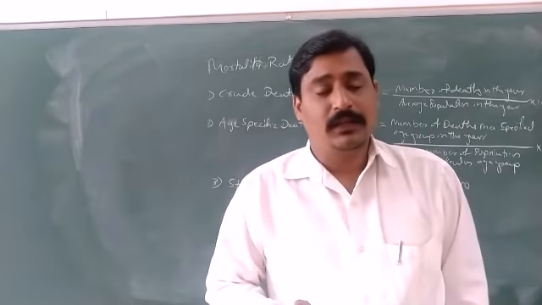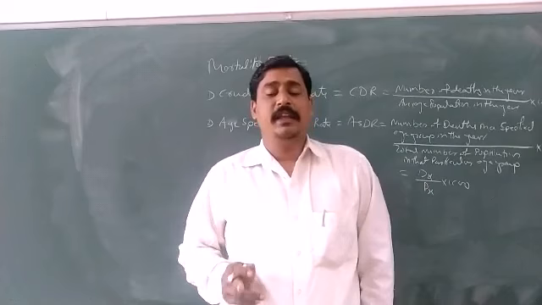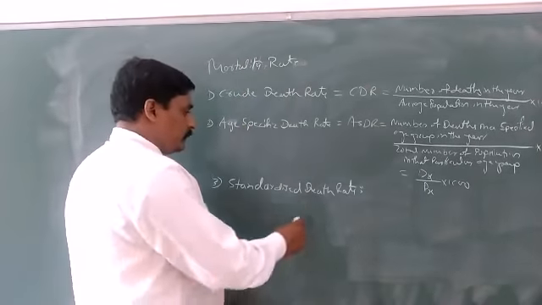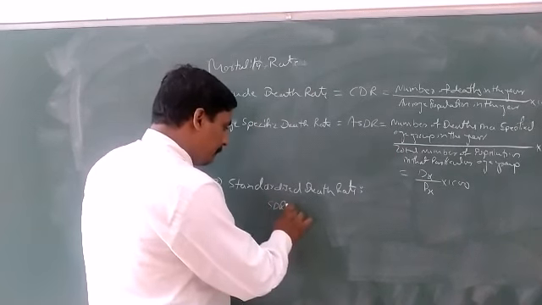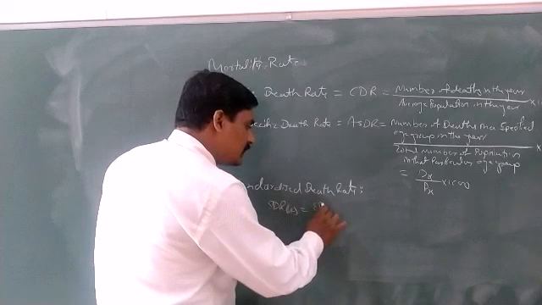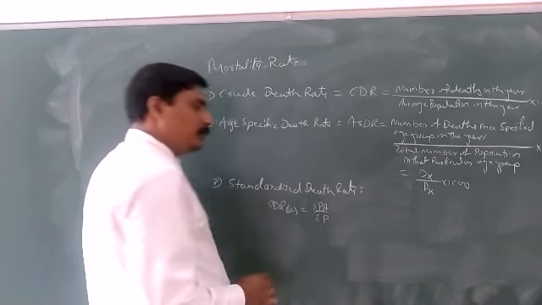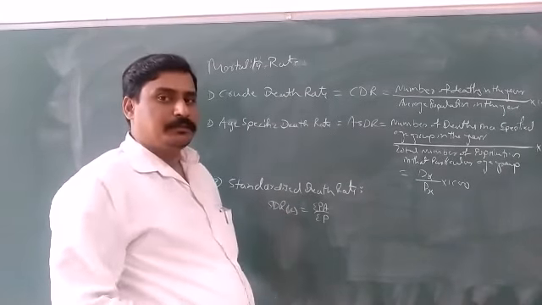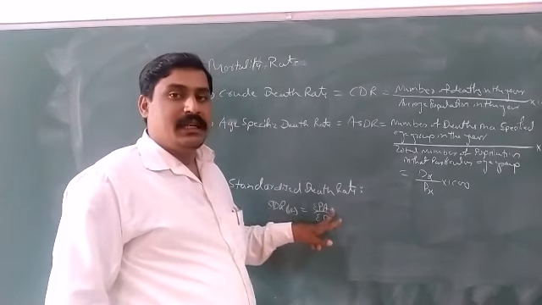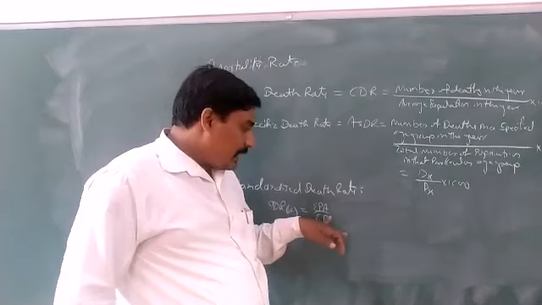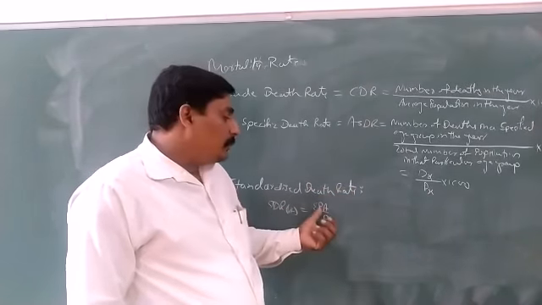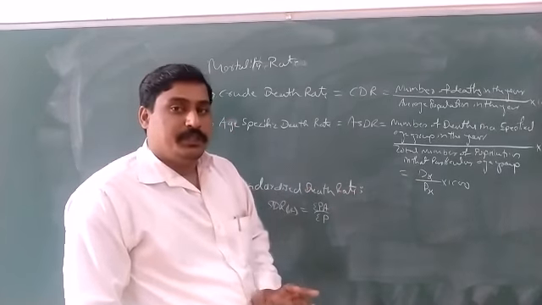The first location we call location A, and the second location B. For location A, STDR is equal to summation PA divided by summation P. P indicates the standard population and A indicates the ASDR of location A. So A, that is the ASDR for a particular age group, into the standard population in that particular age group.